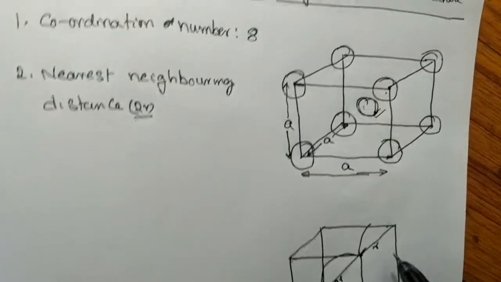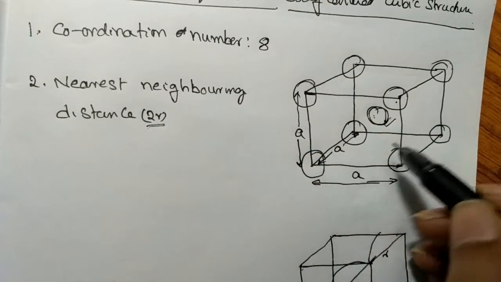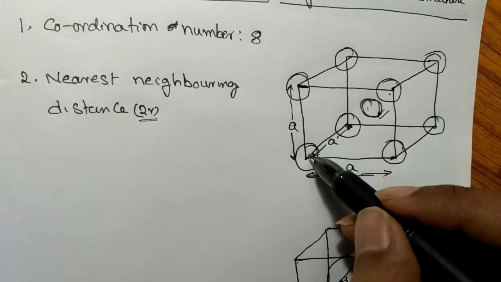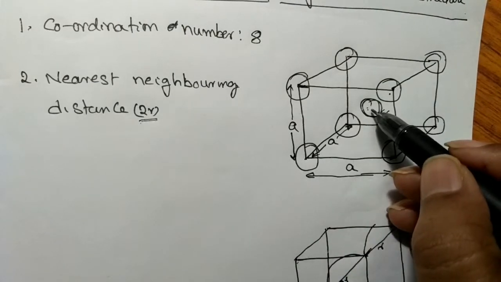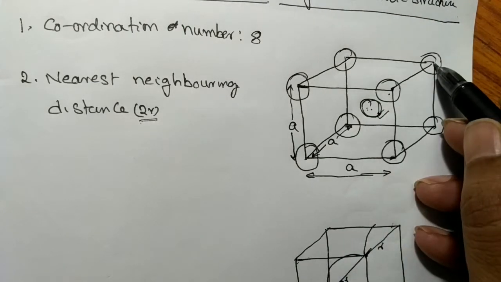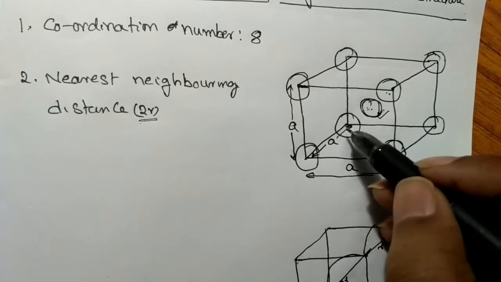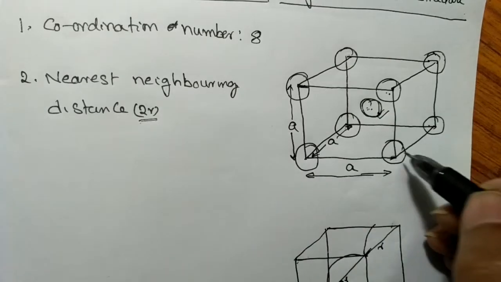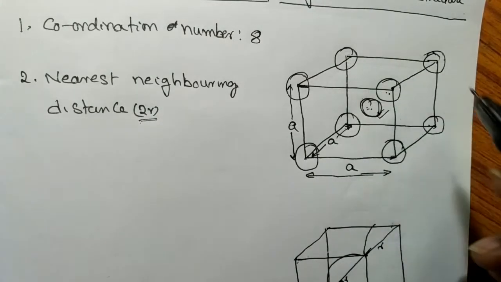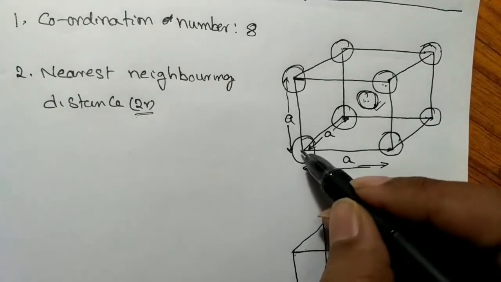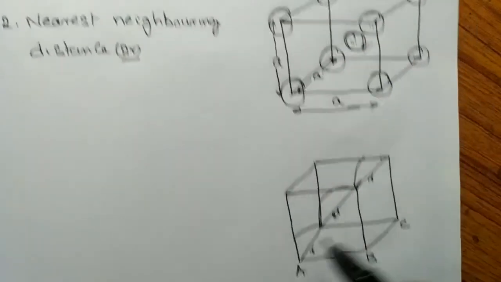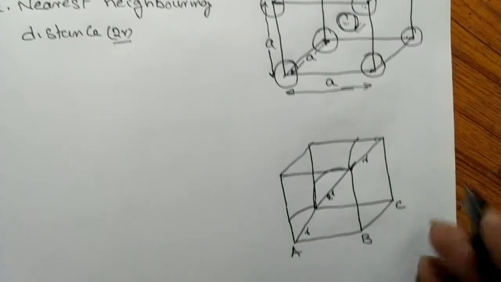That means we have to consider a linear chain of atoms: this atom, this middle atom, and this diagonal atom. Any 3 atoms in a linear chain, here I consider these 3 atoms.